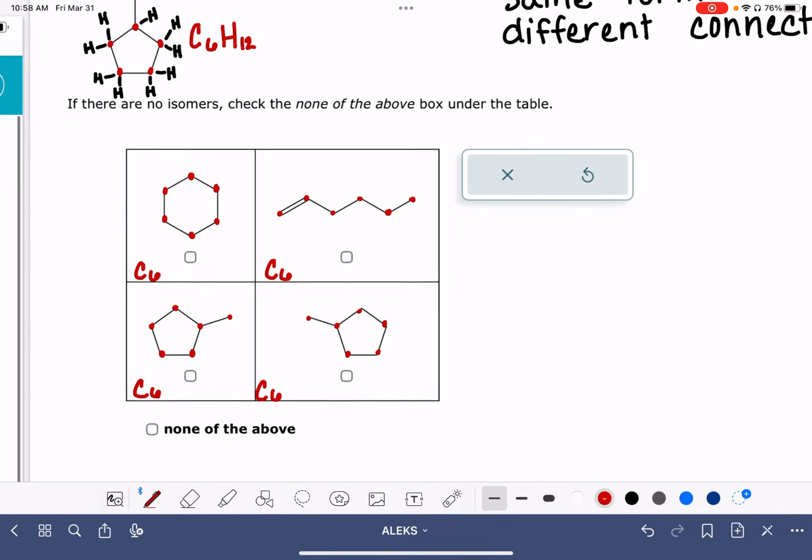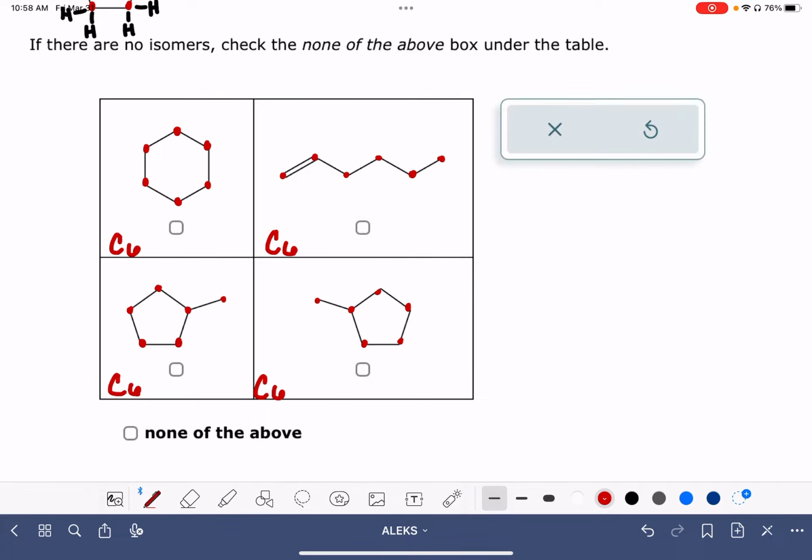If they don't have 12, that means that they are not a constitutional isomer. This first molecule has 12 hydrogens, the same formula, so it's possibly an isomer.